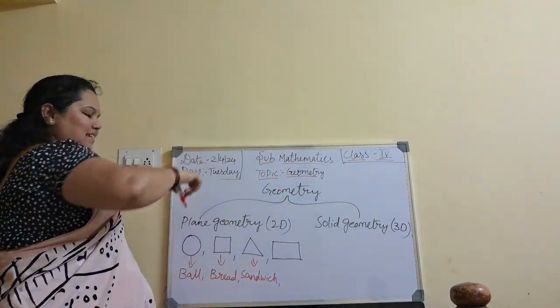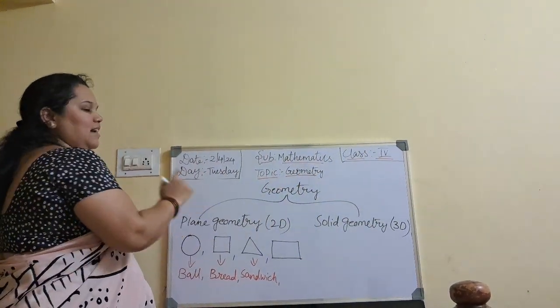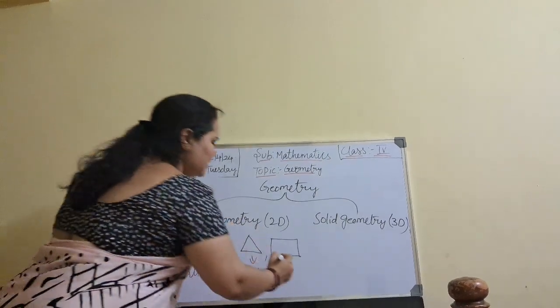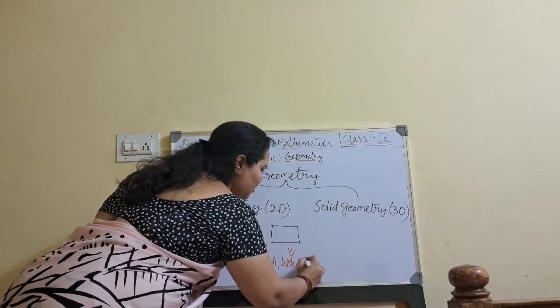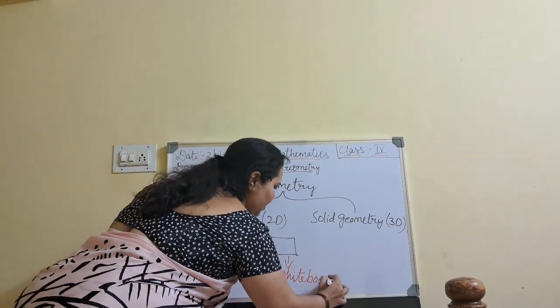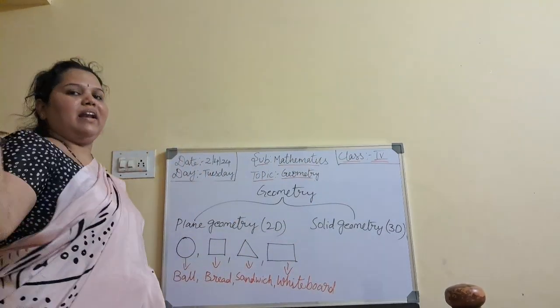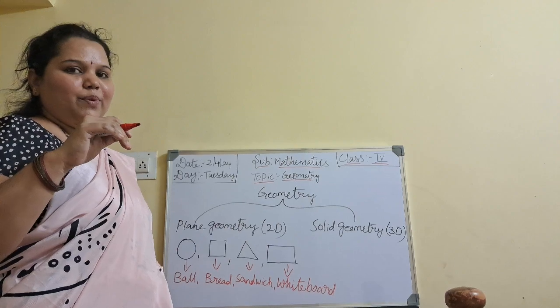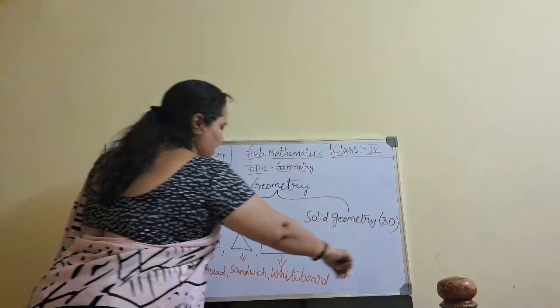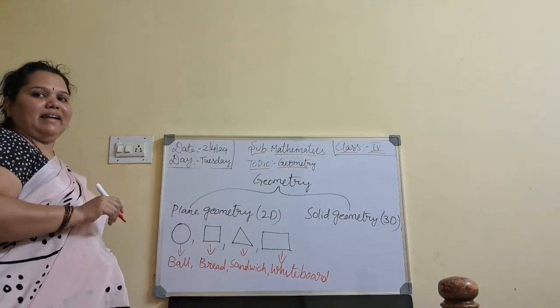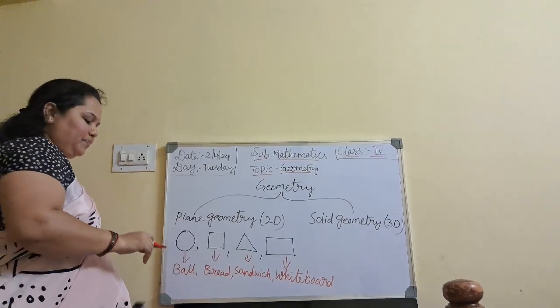Rectangle, isn't it? So examples of a rectangle are the whiteboard, and your classroom as well, isn't it? How does your classroom look? Rectangular shape only. Very good. So this board is another example of a rectangular shape.